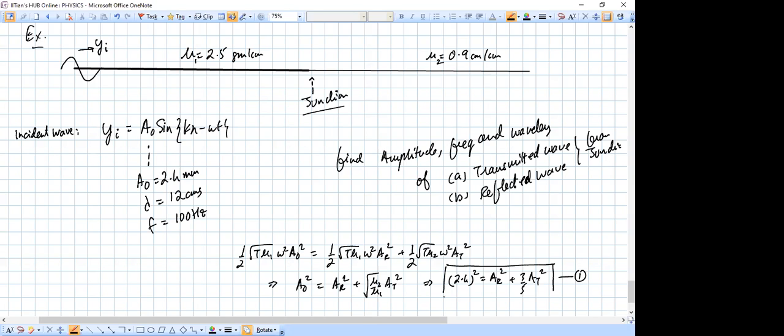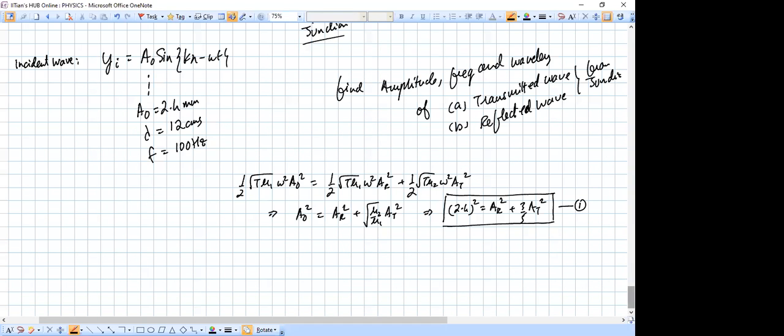Okay. And this time if you write a continuity equation at the junction, so if you take the junction as x equal to 0, then y at x tending to 0 minus is going to be A naught sine omega t plus A reflected sine omega t.